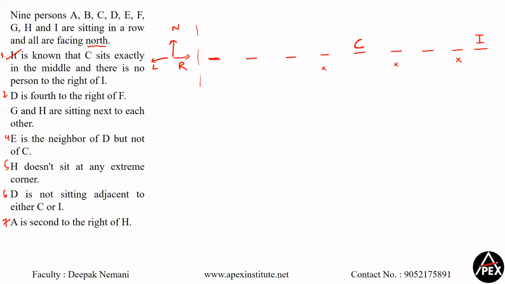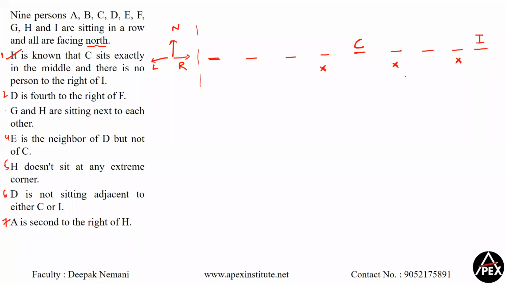Why am I considering the sixth statement now? Because we already have the positions of C and I, so I will be looking at the clues where there is a mention of C or I. In the sixth statement, it is given that D is not sitting adjacent to either C or I. What is the meaning of sitting adjacent?